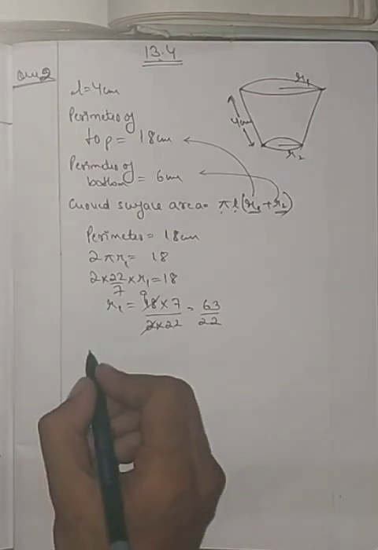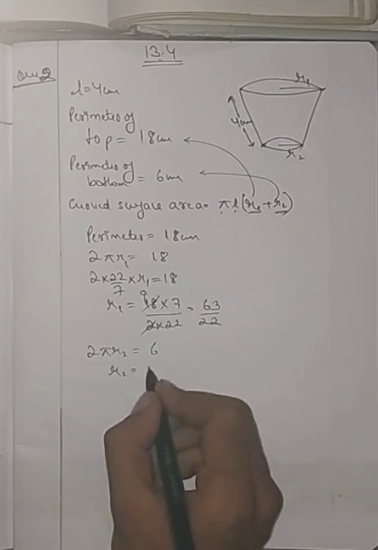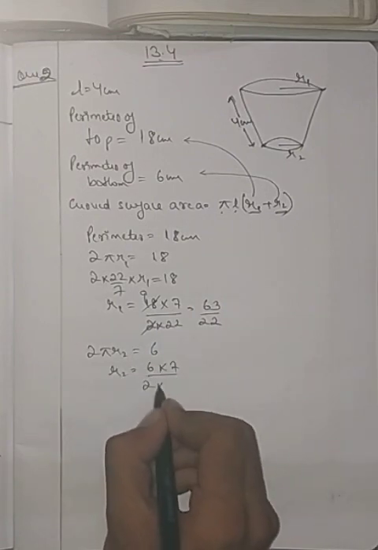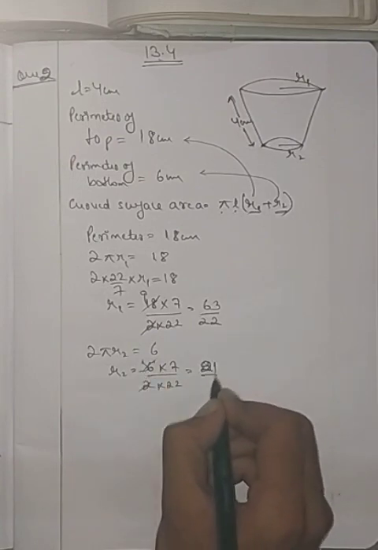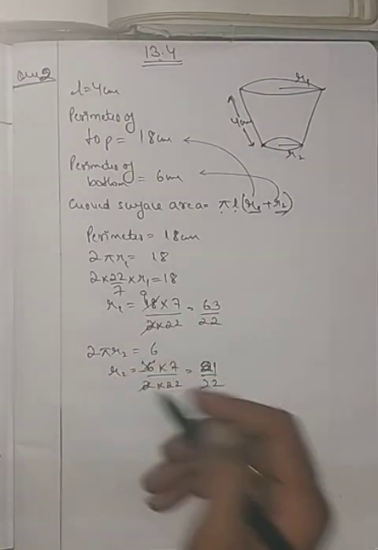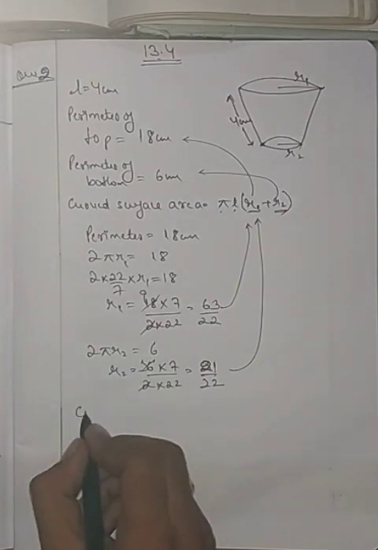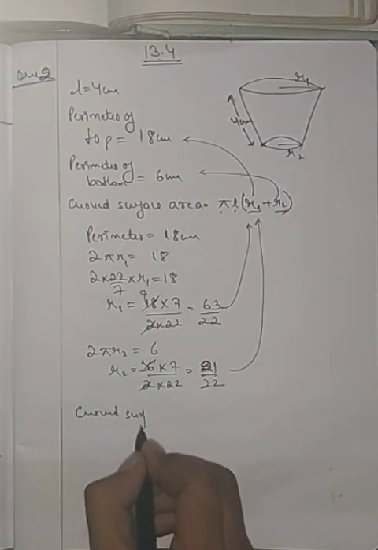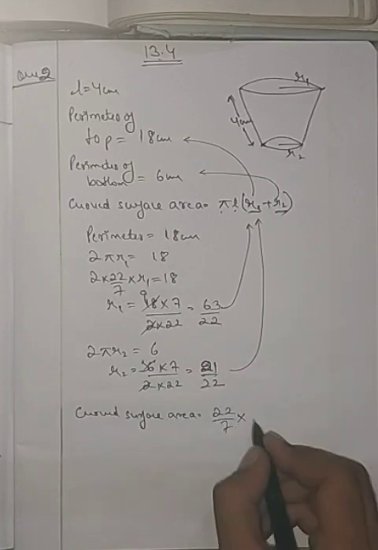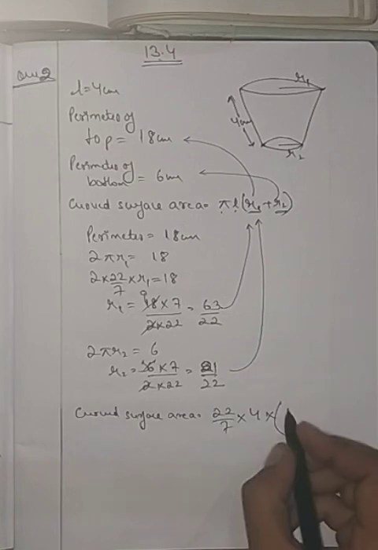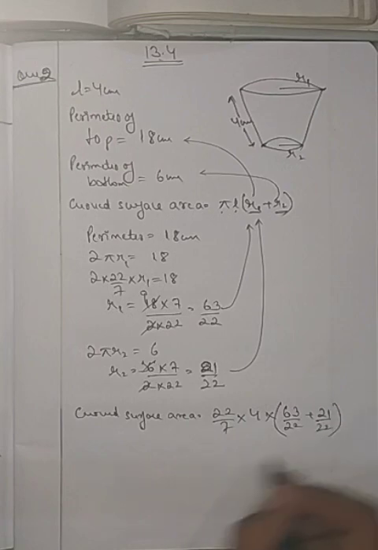Similarly, when you calculate R2, 2 pi R2 is equal to 6. R2 gives you 6 into 7 upon 2 into 22. This comes out to be 21 upon 22. Now you got R1, R2, put the values in the formula. Curved surface area is 22 upon 7, L is 4, into in bracket 63 upon 22 plus 21 upon 22.